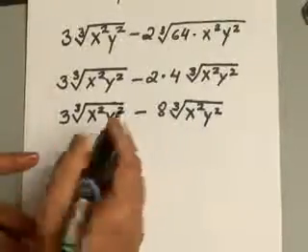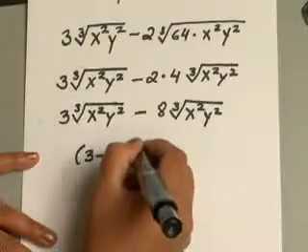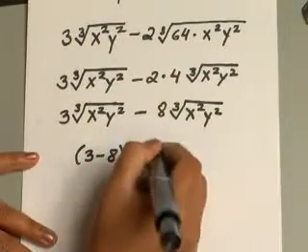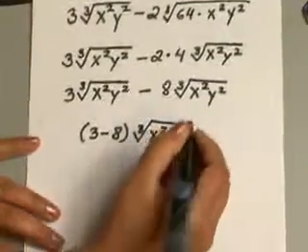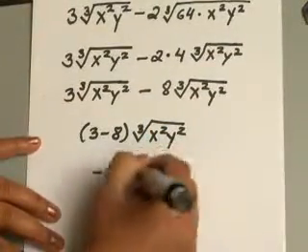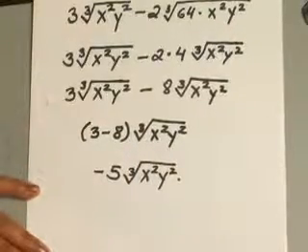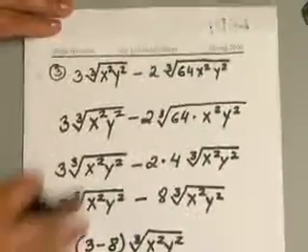So they're the same. You can go ahead and combine your coefficients. And you will end up with -5 cube root of x squared y squared as your answer. So same logic applies. Doesn't matter if you're talking in terms of square roots or cube roots or any of the other higher power roots.